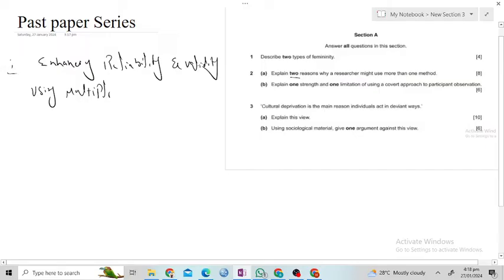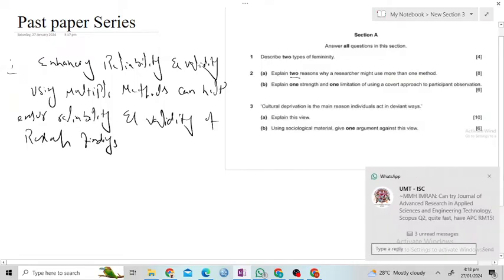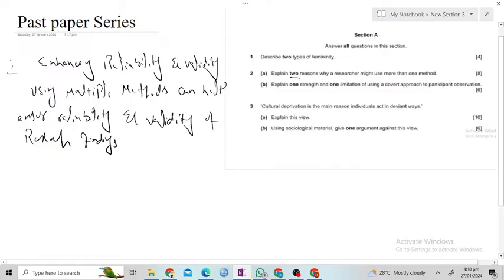Using multiple methods can help ensure reliability and validity of the research findings by employing different approaches to gather data. You can cite this; this is enough as an explanation.